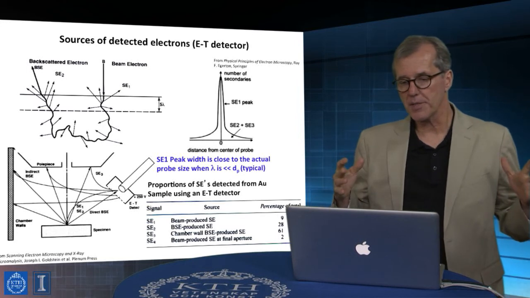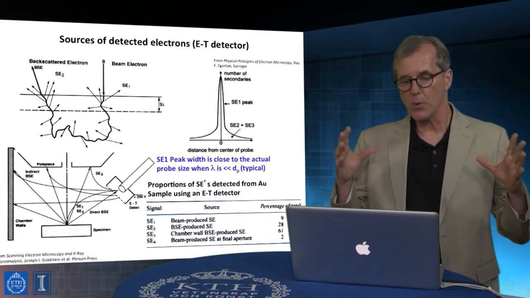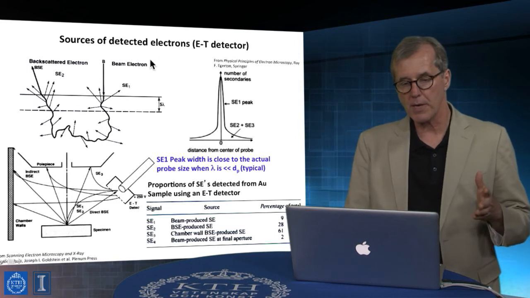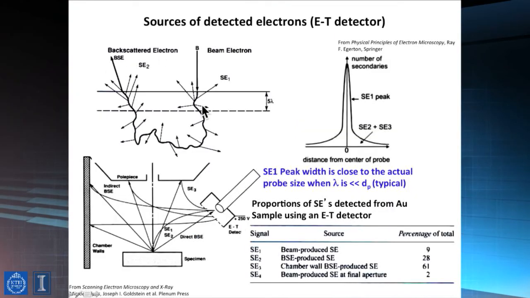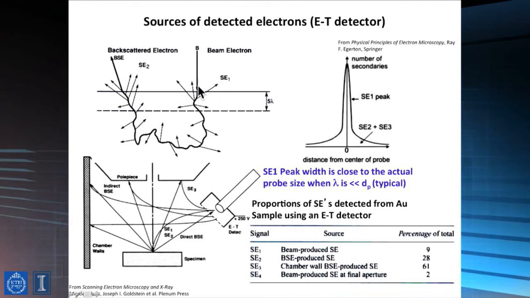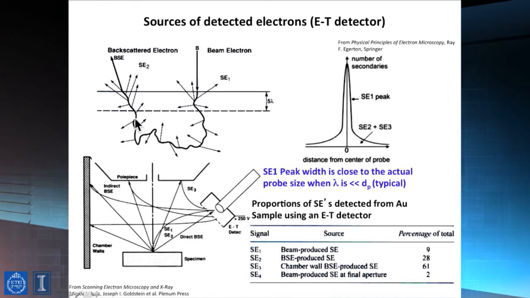Okay. And the other part is that because of how we detect electrons, where we have a primary beam and a flux of secondary electrons, the tendency is for the beam to lead to detection events that are bigger than the diameter of the beam. We put in a primary beam, and there are secondary electrons that come out where the beam is, but via all the electron scattering events we might get backscattered electrons and secondary electrons that emerge in places very distant from where the beam is.